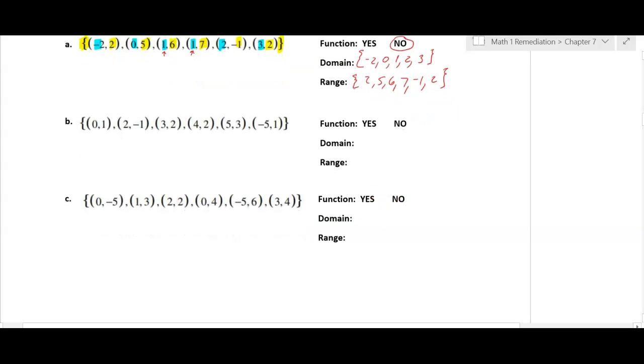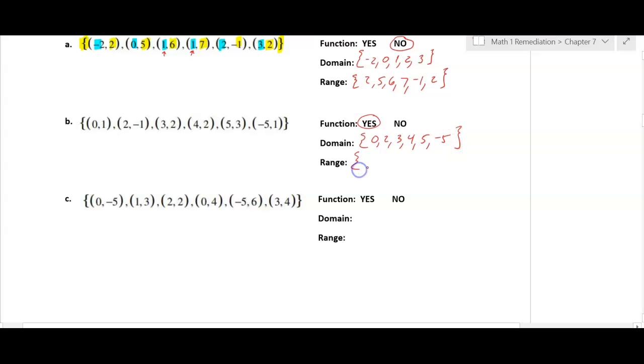Okay, when we look at the second one, look at my x values, 0, 2, 3, 4, 5, -5. None of them repeat, so it is a function. And right away in my domain, I'm just going to write the x values, 0, 2, 3, 4, 5, and -5.